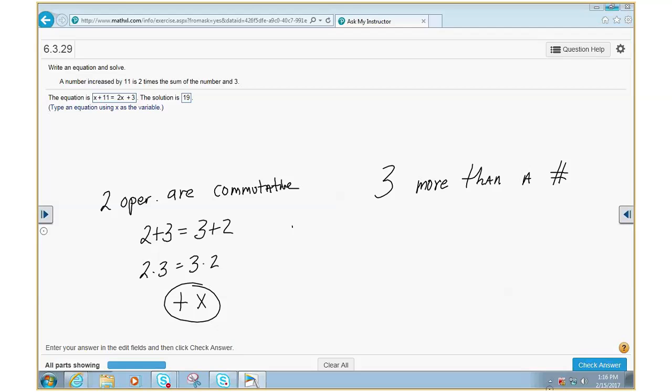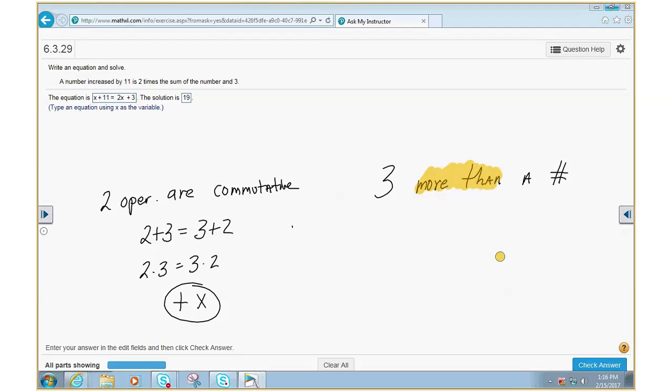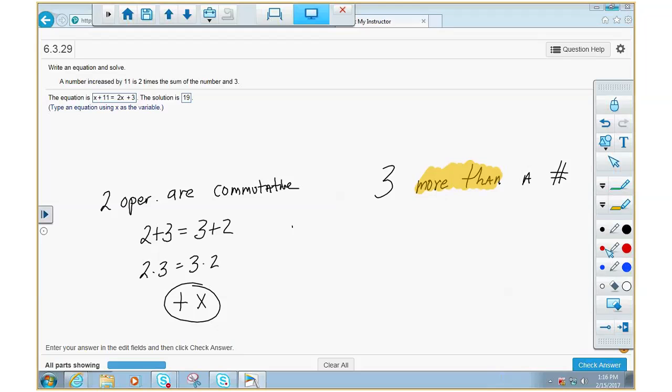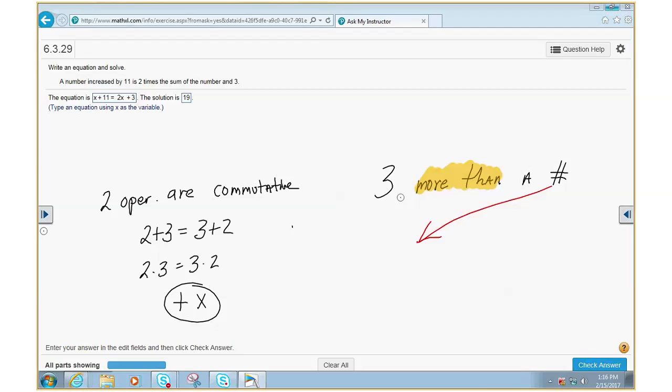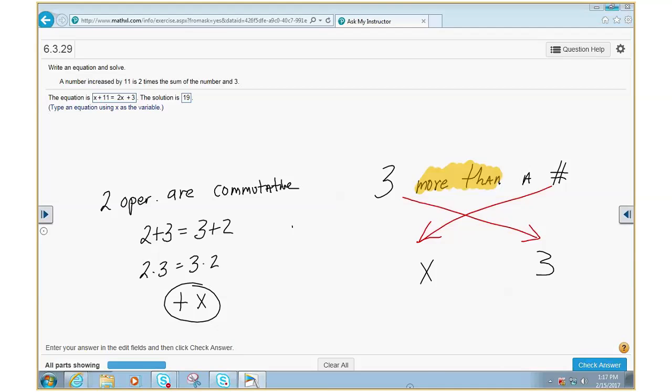All right, now I tell students, when you see these words right here, whether it's more than or less than, I tell students to do this. Crisscross and write. So 3 will go here, X will go here, and what is more than? Plus. Okay? Anytime you see the word than, more than or less than, crisscross and put it down what it is. Yes, ma'am.